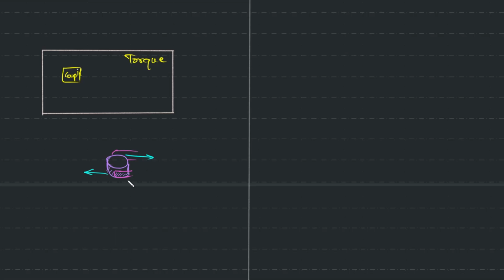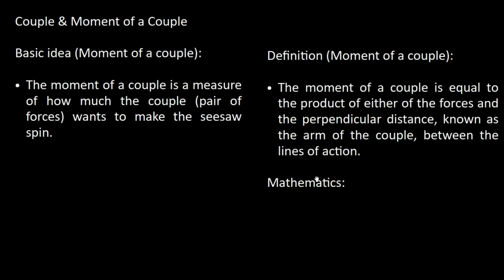Both of them are with friction. And what we are looking at is an example of a couple. So couple comes and goes pretty much every few minutes in our life. That's why we have to learn about this topic. Okay, so that's about couple.